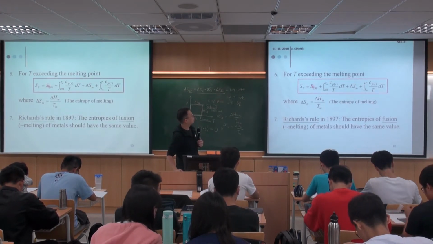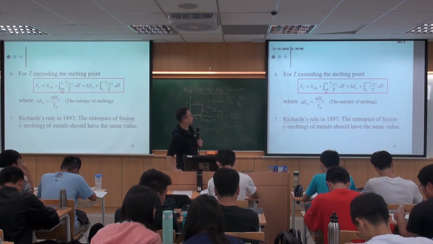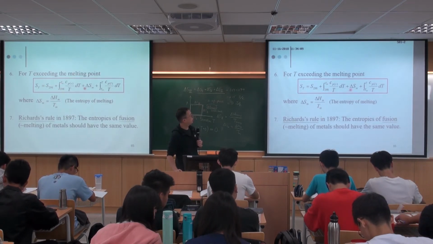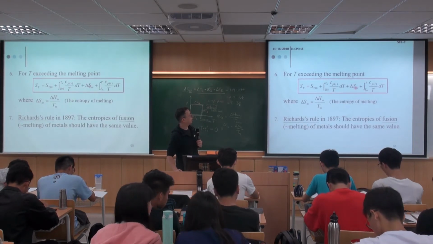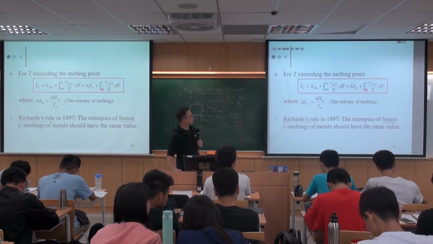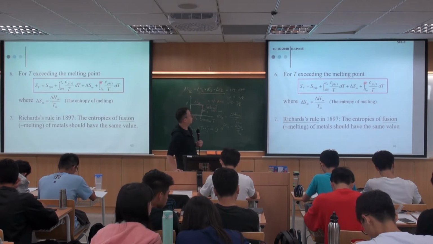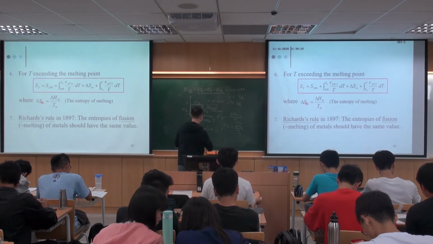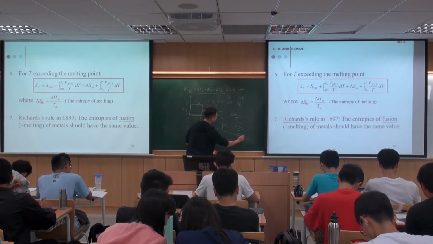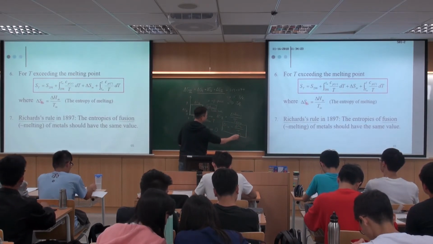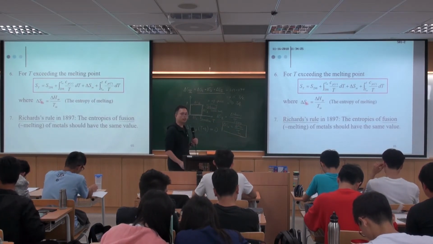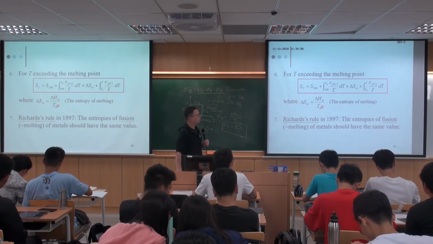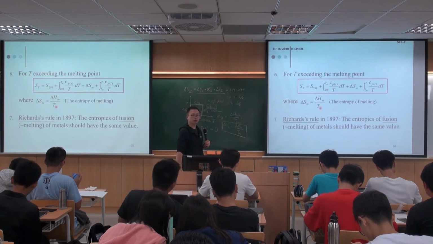You start from S298, and then from 298 to the melting point, and then you add this change, delta Sm, and then from the melting point to the temperature that you want. This delta Sm, again, is defined as the melting enthalpy or the latent heat of the transformation over that melting point temperature.